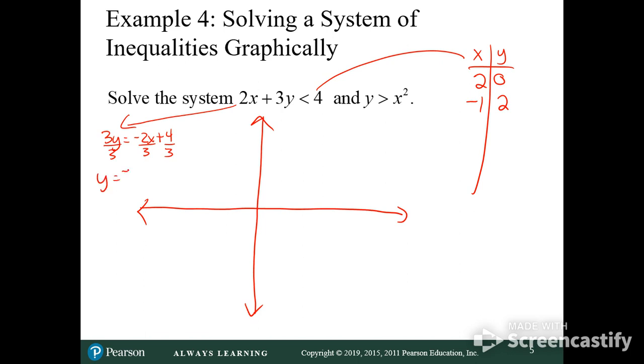So y equals negative 2/3 x plus 4/3. So if we put in a 0, we're going to get a fraction. If we put in a 1, we're going to get a fraction. If we put in a 2, it'll work. (2, 0), and so on. So that's why I just play with numbers here, because I think it's easier. Okay? If you have a little math sense, that's not too bad.